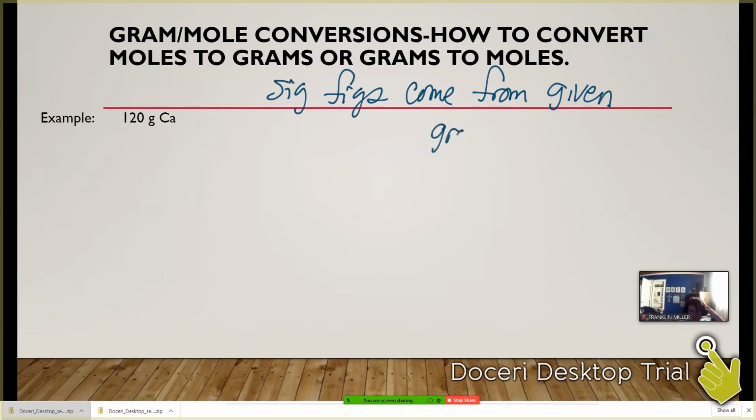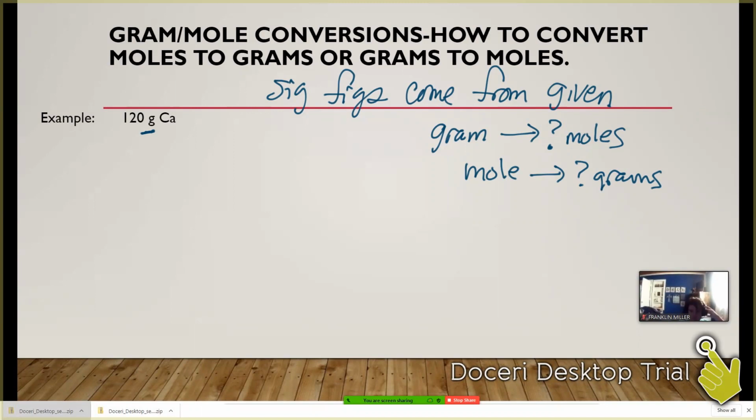So I either know my grams and I want to convert those to moles, or the other way around. In a word problem, when you see grams or mass, that's a hint to you that you're going to have to use a molar mass as a conversion.